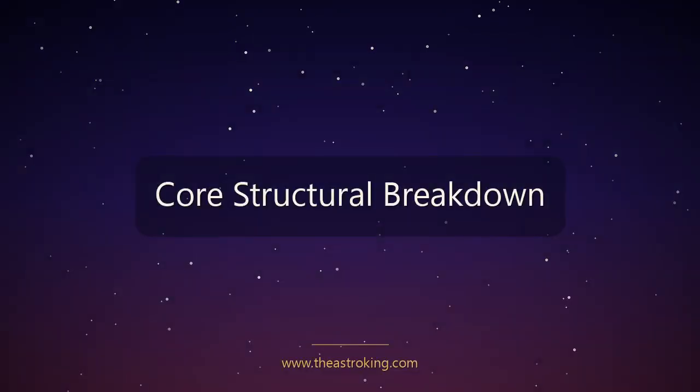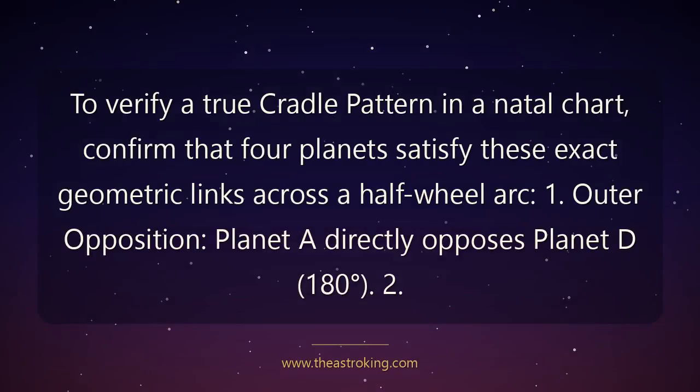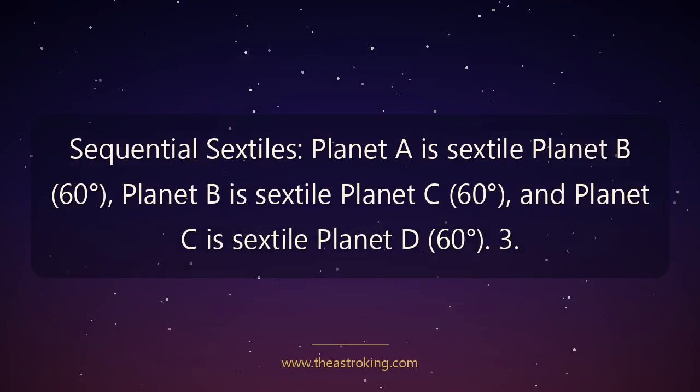Core structural breakdown. To verify a true cradle pattern in a natal chart, confirm that 4 planets satisfy these exact geometric links across a half-wheel arc. 1. Outer opposition. Planet A directly opposes Planet D, 180 degrees. 2. Sequential sextiles.